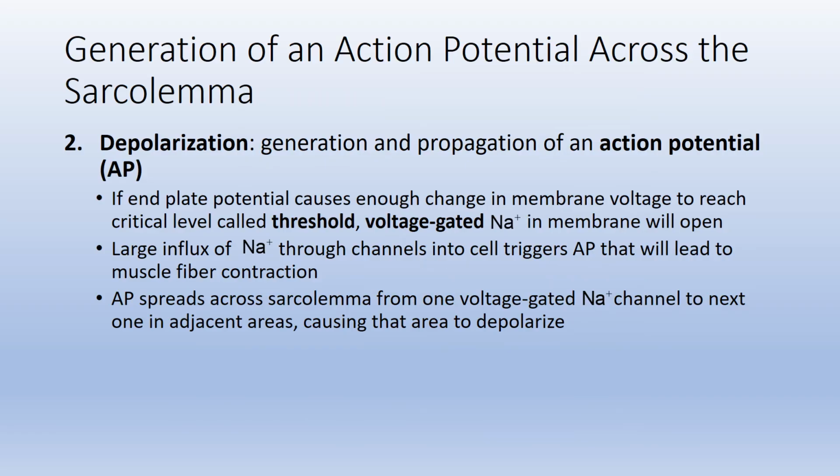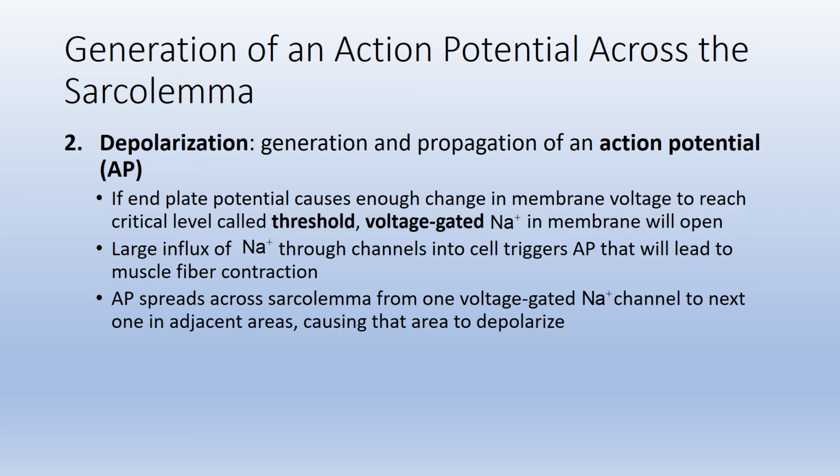Now that we have our end plate potential, you should think that the end plate potential is very localized, but when it comes to sodium, we see a positive feedback loop. With that end plate potential, we see sodium coming into the cell, and as more comes in, these channels that are adjacent begin to open as well.